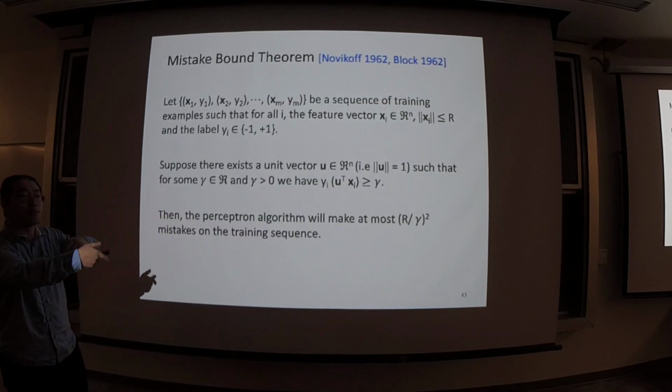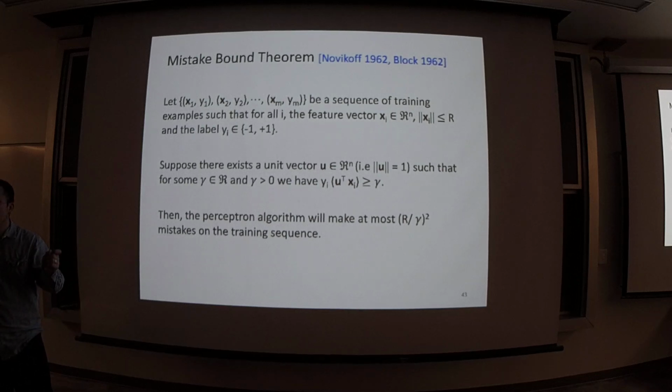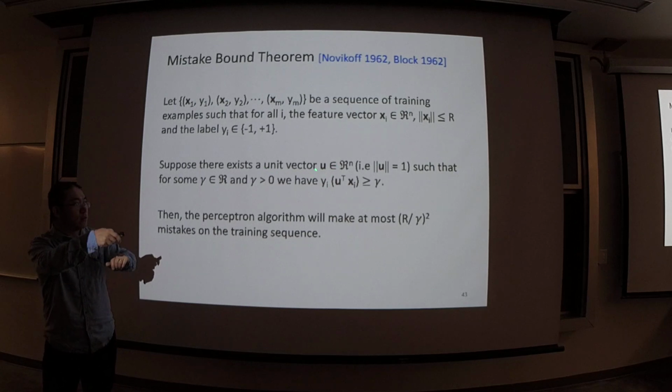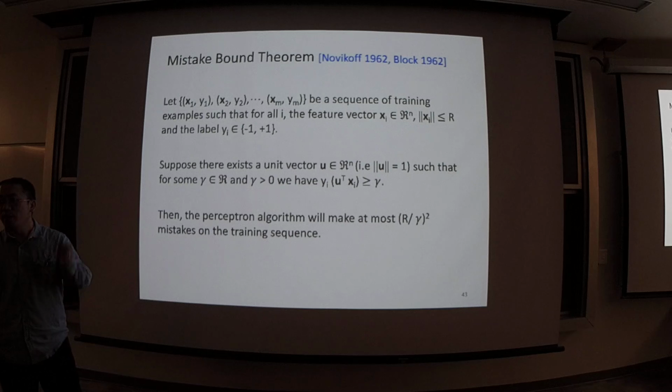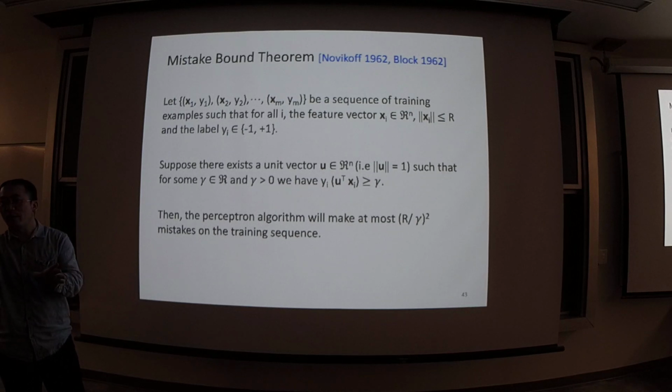That means for every training example, the distance between this example and the separating hyperplane determined by u is no less than gamma. That means the margin is no less than gamma. Remember the definition of margin: the margin of a separating hyperplane for a data set is the minimum distance between the data points in the training set and this hyperplane.